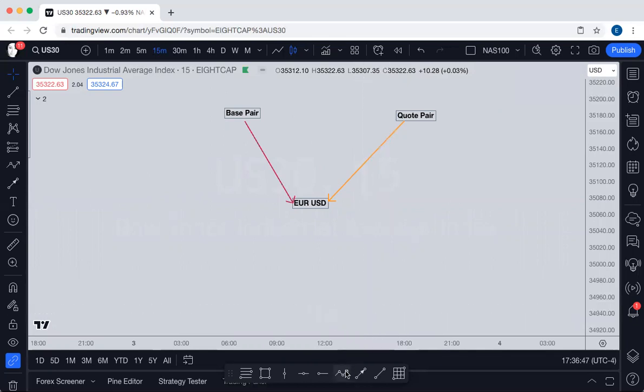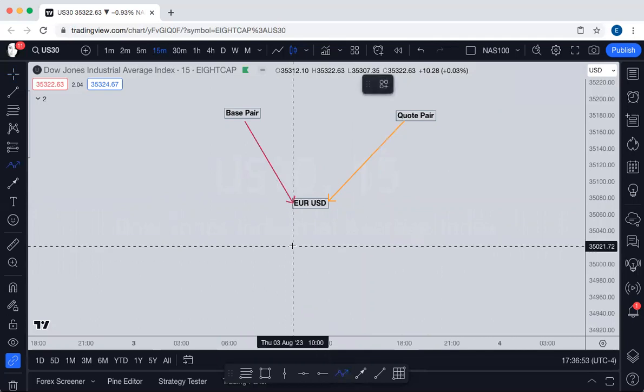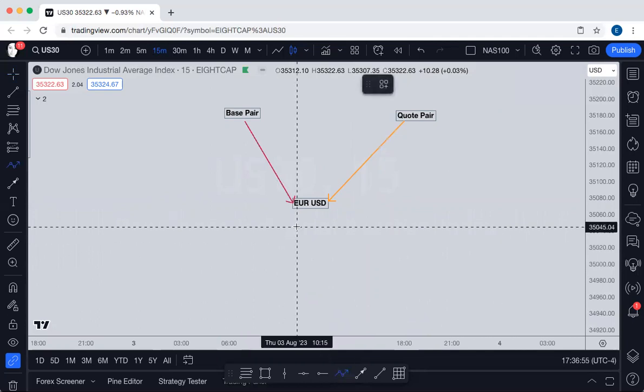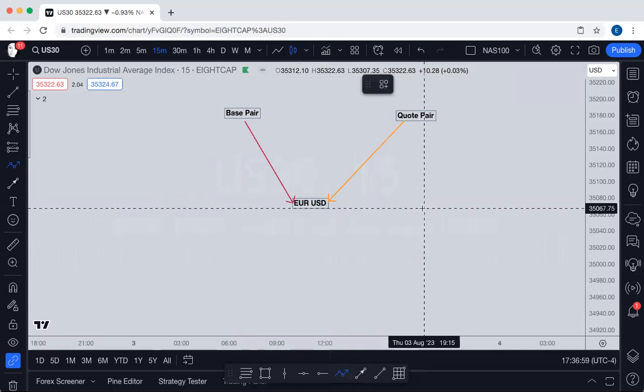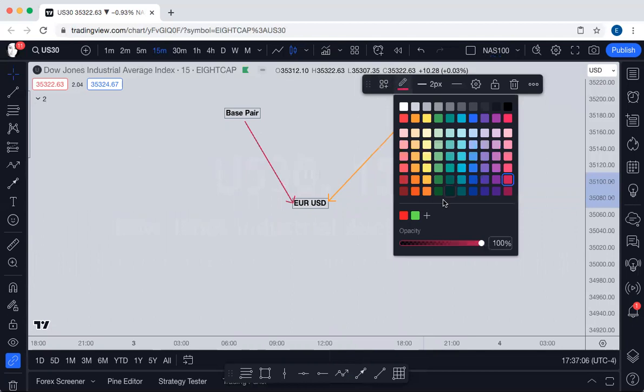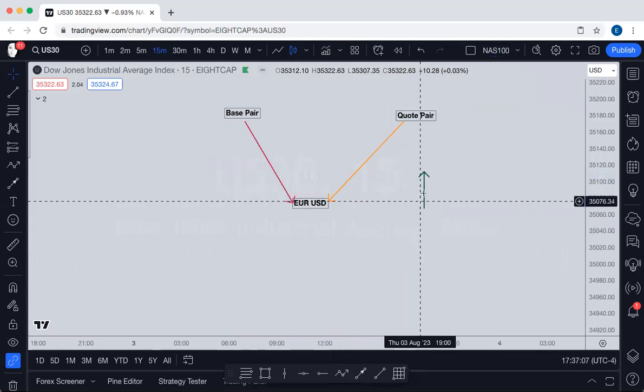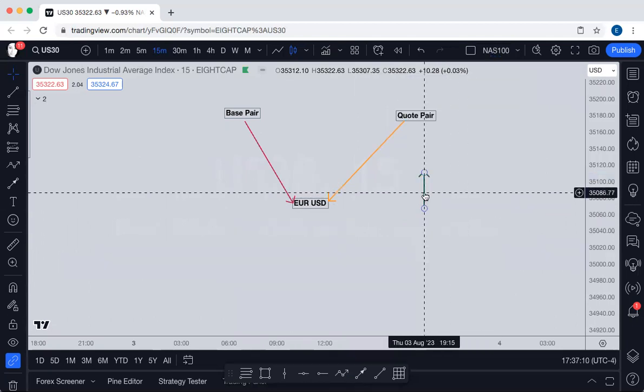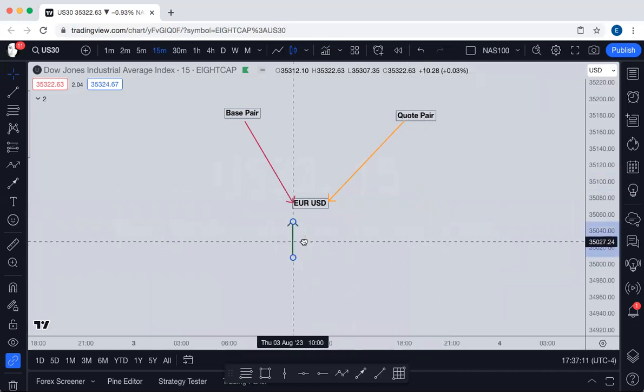Let's say there is a major news release, okay, for the euro and it's positive. So this is telling you that Euro USD, okay, is going to be buying, because the news came out positive because it had to do with the euro.